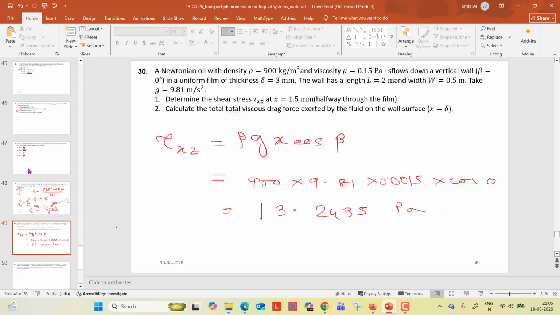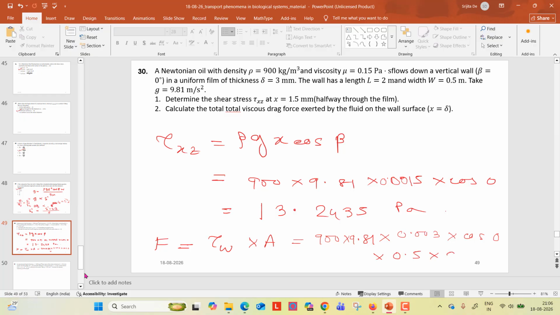So total viscous drag force is the shear at wall into its area. Shear at wall means rho g delta cos beta. So here it will be rho g delta, that means rho 900 into 9.81. Here delta would be 3 millimeter. So it is 0.003 into cos 0 degree into A, which is W into L. W is 0.5 into 2.